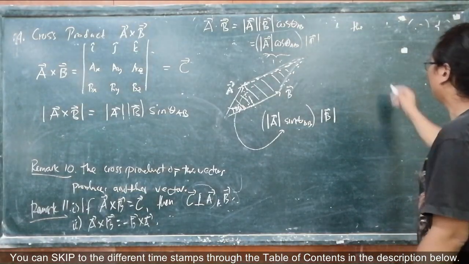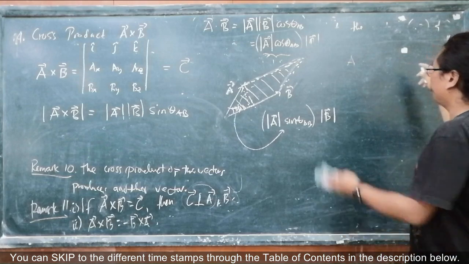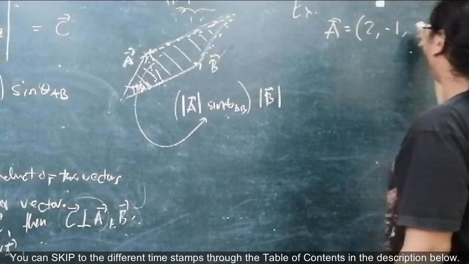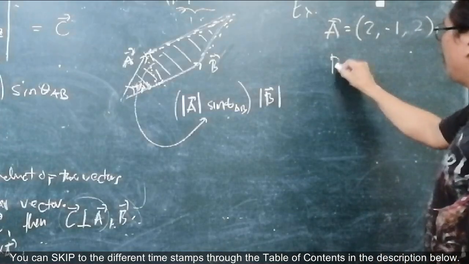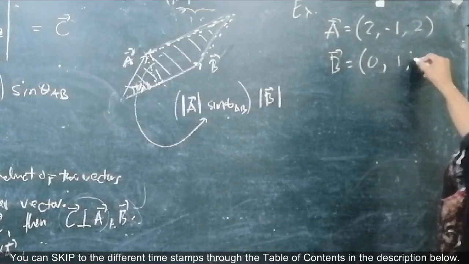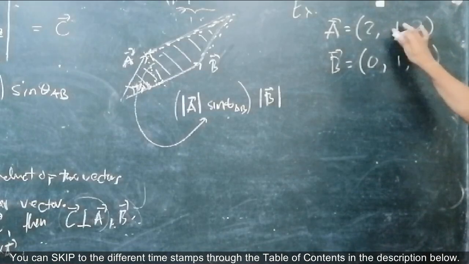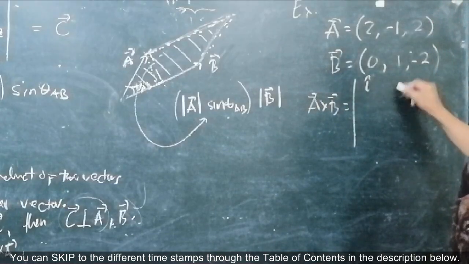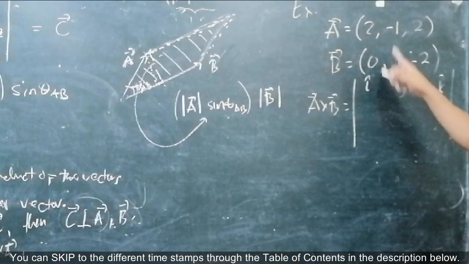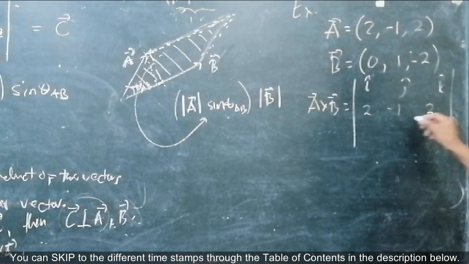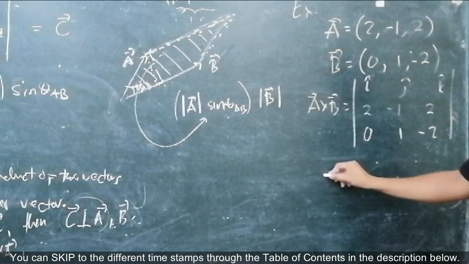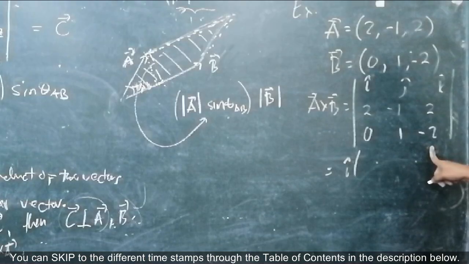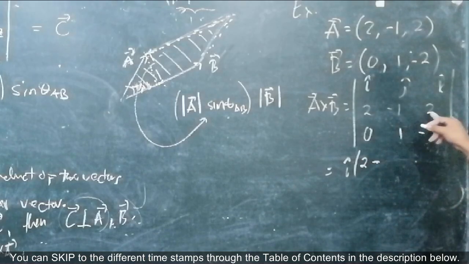just a concrete example. What's the cross product? Example. Suppose that A is equal to 2, negative 1, 2. I won't write the units. And B is 0, 1, negative 2. What is A cross B? This is the determinant with i, j, k; 2, negative 1, 2; 0, 1, negative 2. This is i times negative 1 times negative 2, which is 2, minus 2 times 1, which is 2, right?